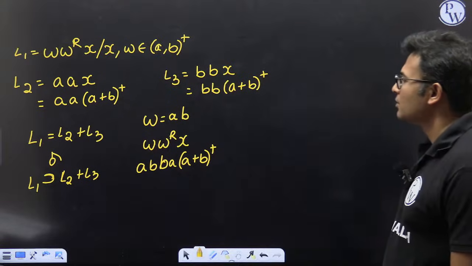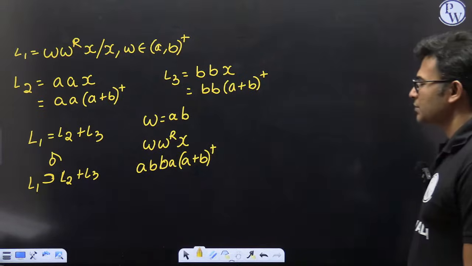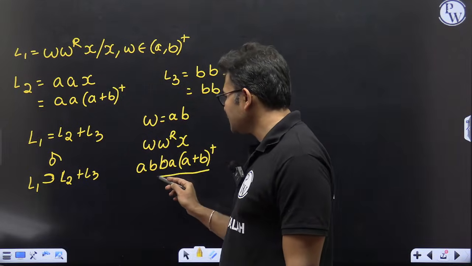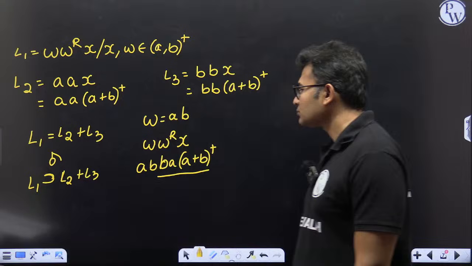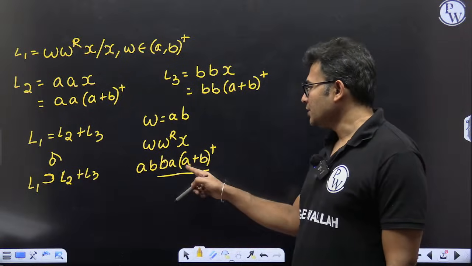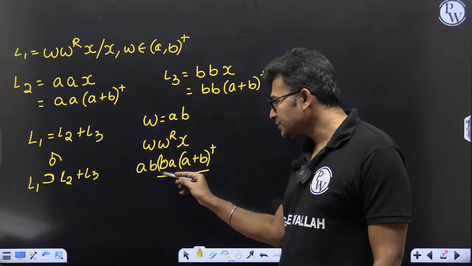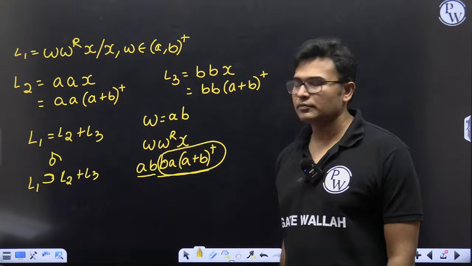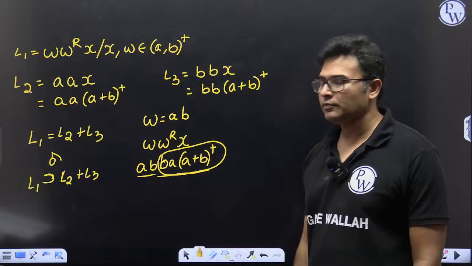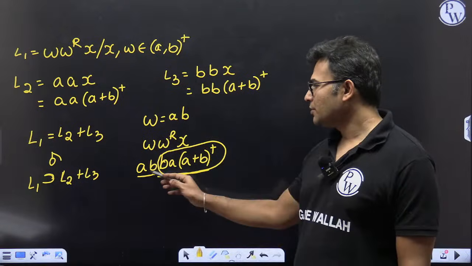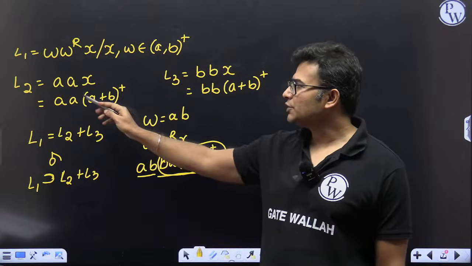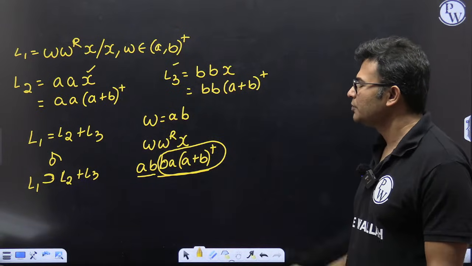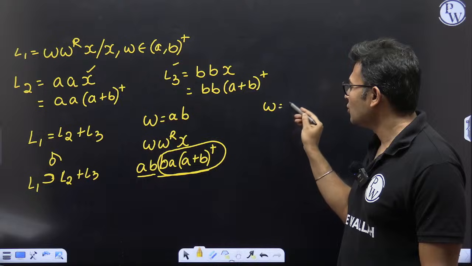Now, even if (A plus B) whole plus eats BA, AB is remaining. Now this AB followed by (A plus B) star is not a part of L2 or L3.